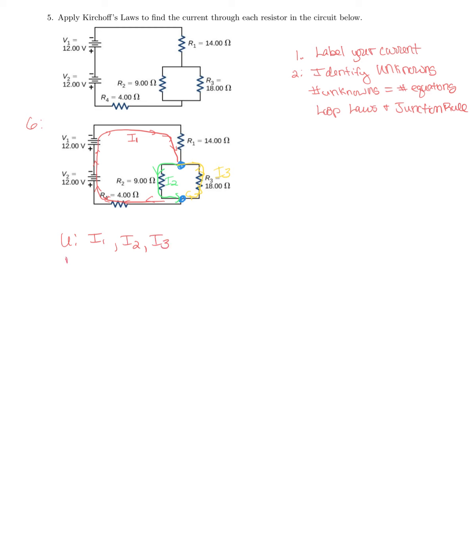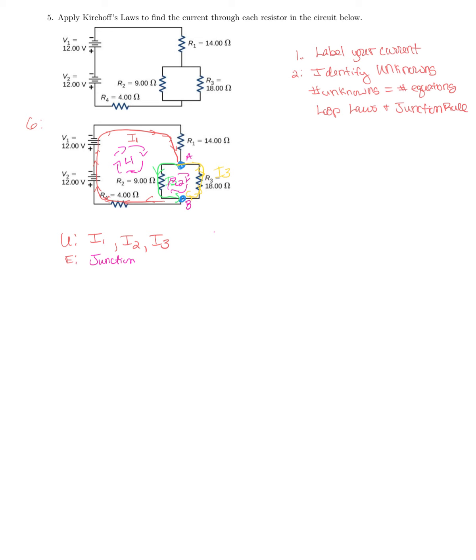But that's okay, because we have Kirchhoff's laws, and we're going to use them to solve this. We're going to get one of these equations from this loop, which we'll call loop 1, and we'll call this one loop 2, and then we can also get one from using the junction rule. So let's do the junction rule, because that one's easy. The junction rule says that the sum of the currents entering a junction must equal the sum of the currents exiting a junction.